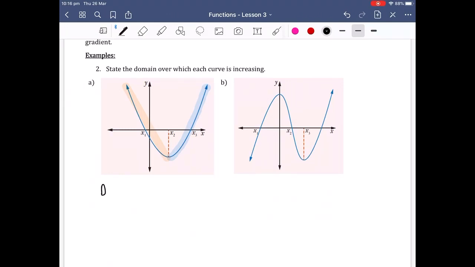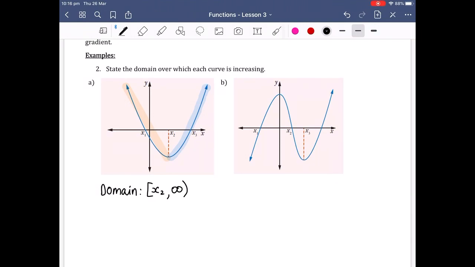So the domain over which this curve is increasing is just this blue bit here. So our domain is going to be from, square bracket, x2, and it's just going to keep on going up because we have a parabola, so it's going to be to infinity. We do our open bracket.